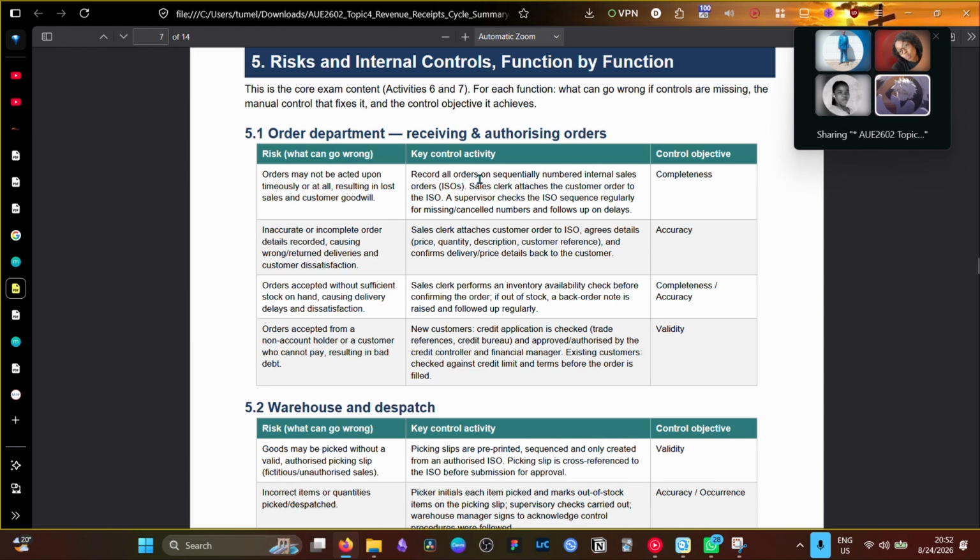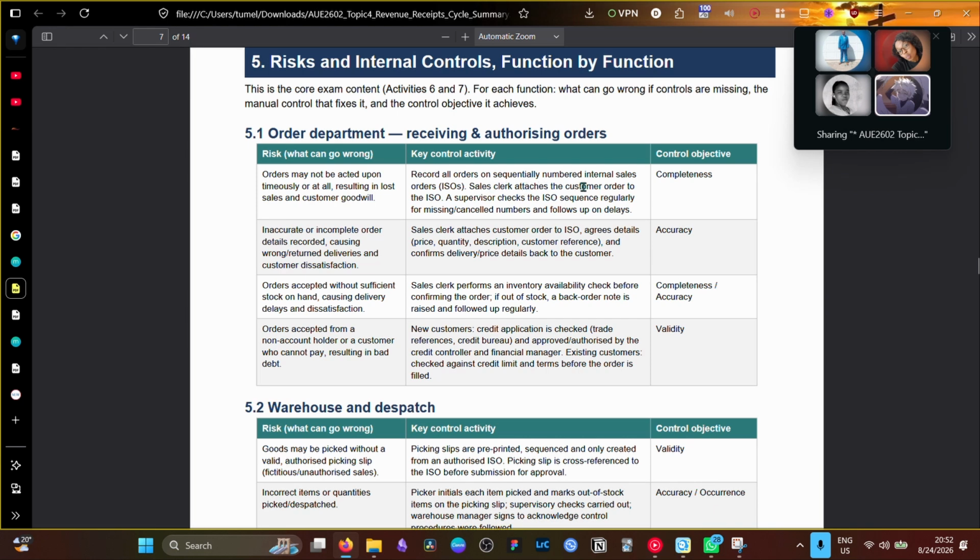So record all orders on sequentially numbered internal sales orders. And then the sales clerk attaches the customer order to the ISO. A supervisor checks the ISO sequence regularly for missing or cancelled numbers and follows up on delays. So you see, record all of the sequentially numbered internal sales orders.